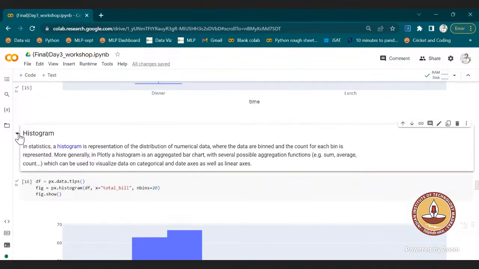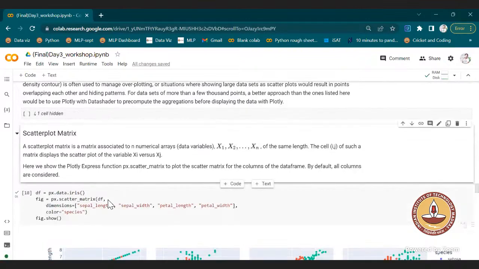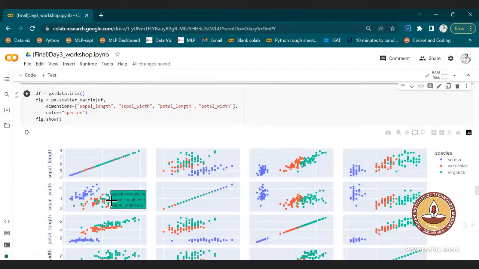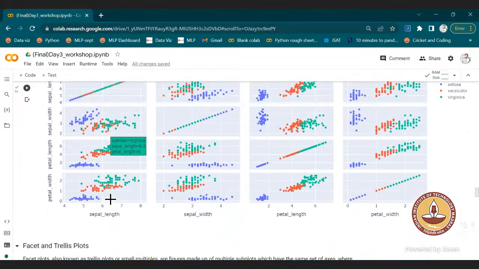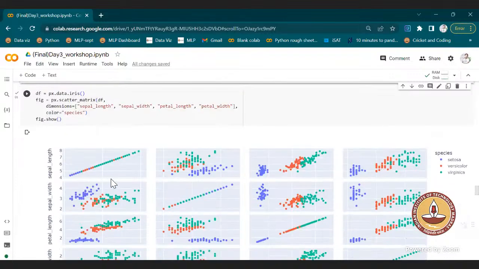Okay, in the histogram, you have already used it, so I won't explain this. Again, this scatter plot matrix. Whoever goes through ML, you have to plot different features versus different features, and there you do the scatter plot. It's a general practice.